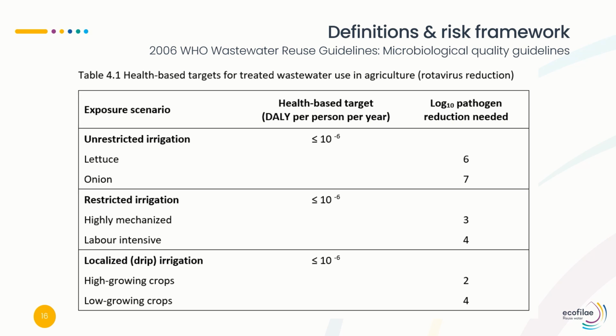Pathogen reduction targets can be seen in Table 4.1 of the 2006 WHO guidelines, where rotavirus reduction is specified for different crops using different irrigation methods. For example, a greater reduction is needed for onions, a 7 log reduction, compared to lettuce, a 6 log reduction, when irrigating without any restrictions to the crop or to the workers.